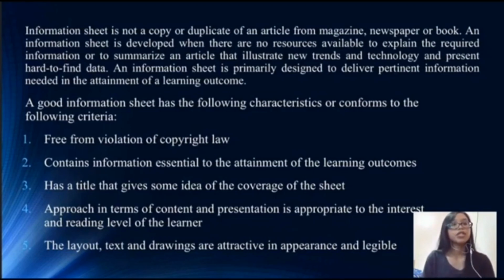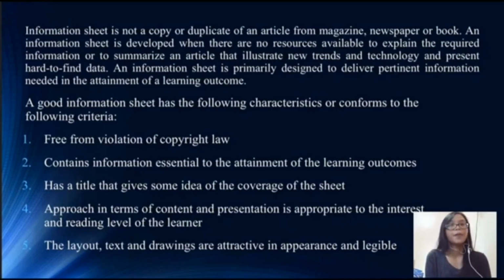A good information sheet has the following characteristics or conforms to the following criteria. Number 1, free from violation of copyright law. Number 2, contains information essential to the attainment of the learning outcomes. Number 3, has a title that gives some idea of the coverage of the sheet.